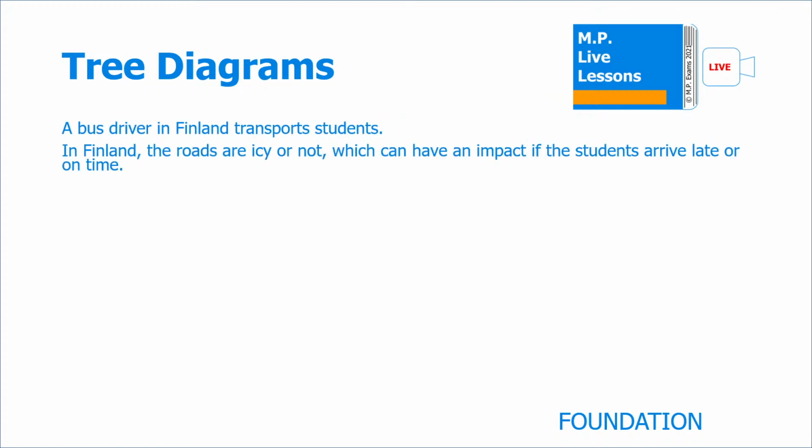So in Finland, the roads are icy or not icy, which could have an impact on whether the students arrive late or on time. So are the two independent? Independent means the probabilities don't change depending on another, but they aren't.